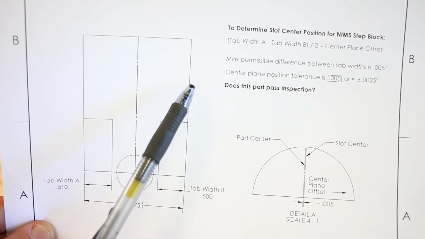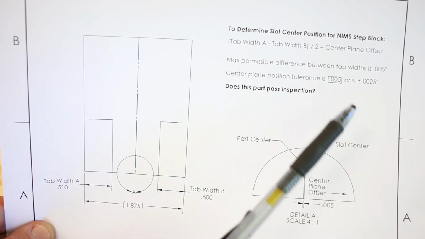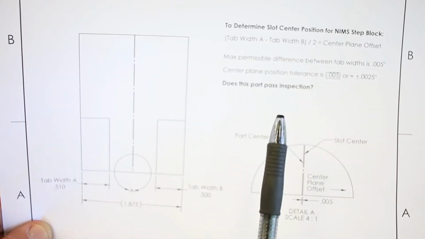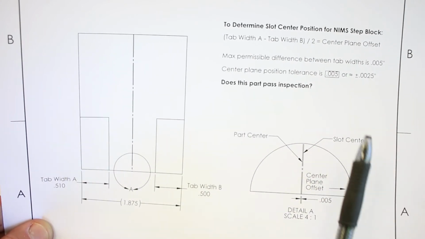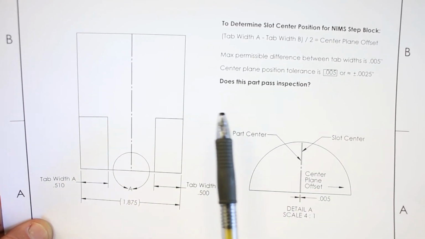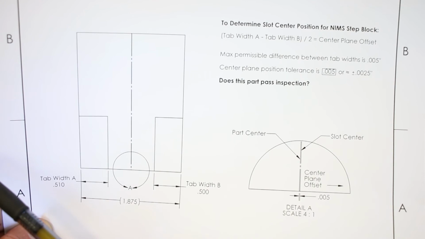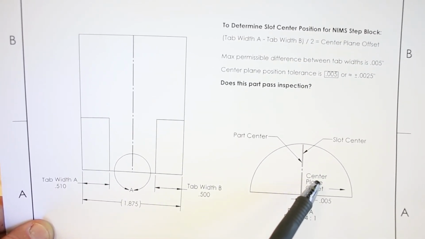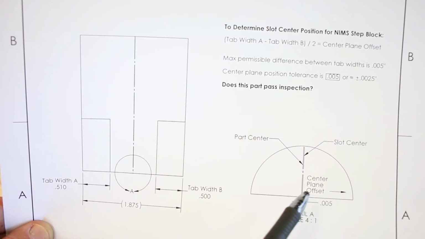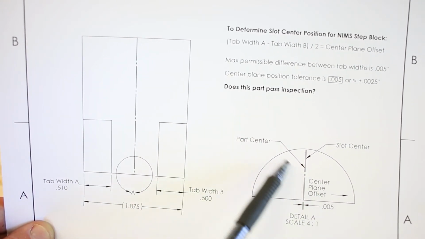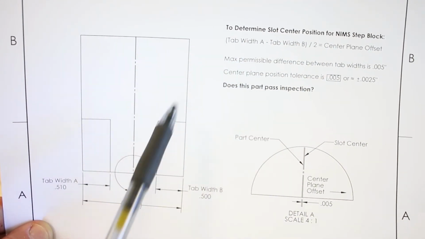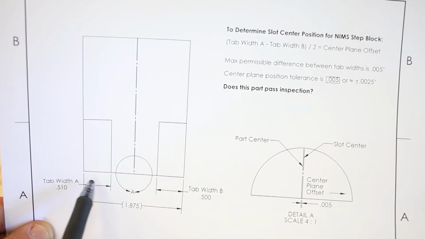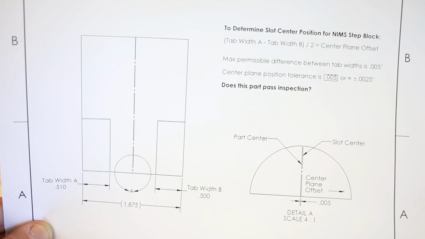The way that the tolerance of position control works out is that you have 5 thousandths of total tolerance, which in this case works out to 2.5 thousandths in either direction from the true center plane. So your maximum center plane offset is 2.5 thousandths, and if you backtrack through the math, then the maximum permissible difference between your tab widths is 5 thousandths of an inch.